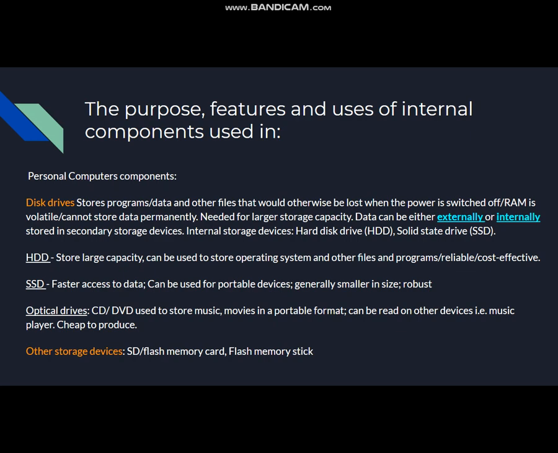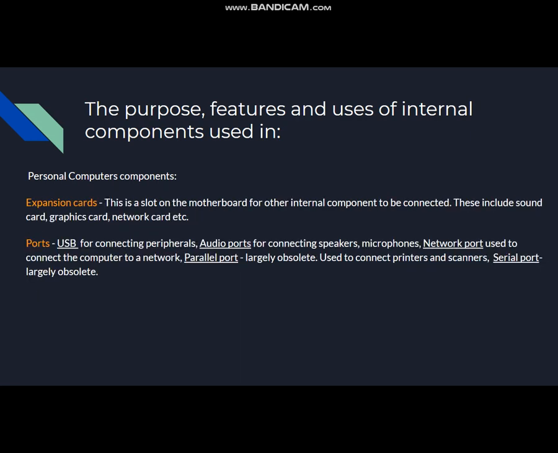We can also have optical drives such as CDs and DVDs that would allow us to store movies and music and suchlike. And then likewise we can have storage devices such as SD cards, as well as memory flash cards. And then on the computer we also have something called an expansion card on the motherboard, where you can connect more devices.